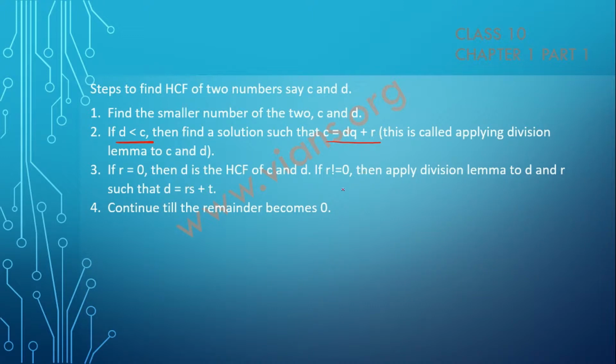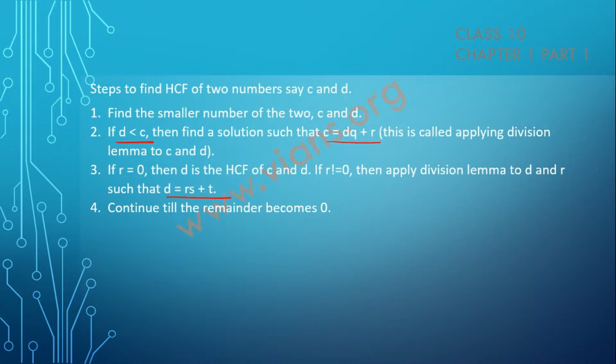If R is equal to 0, then you know that D is the HCF of C and D. But if it is not, then you will again have to write the lower of the 2 numbers as the remainder times some quotient plus another remainder, that is D = RS + T, and you continue going down like this till the remainder becomes 0.